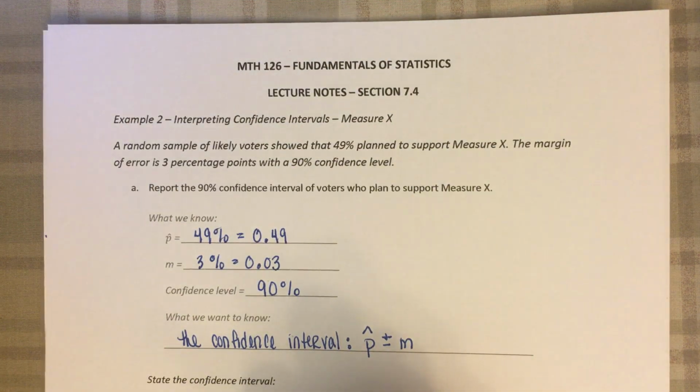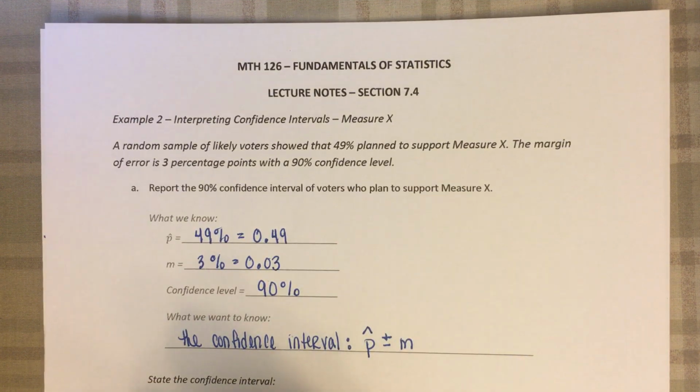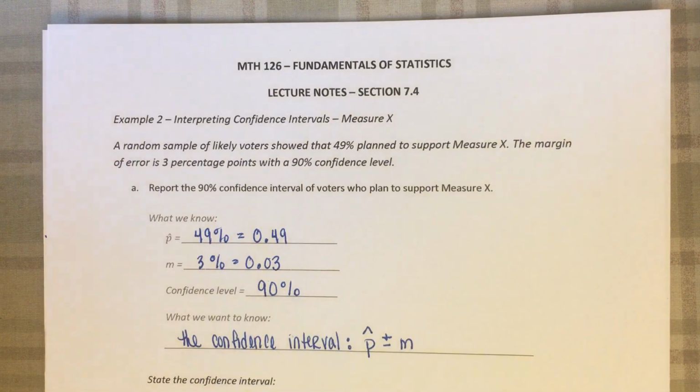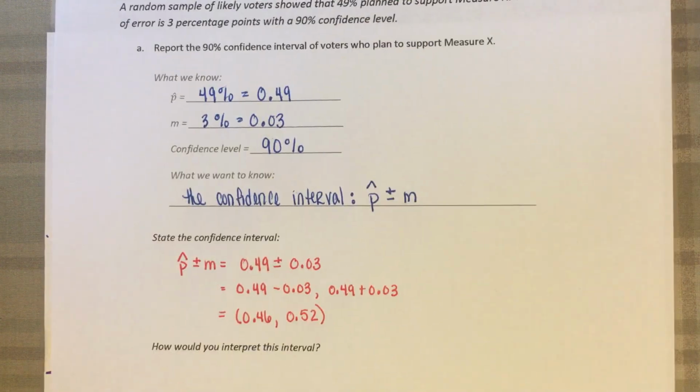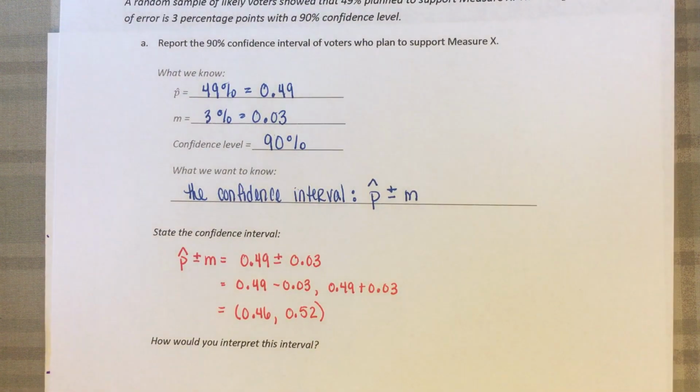And then 0.49 plus 0.03. And we get a confidence interval of 0.46 to 0.52. We are using interval notation. Our interval notation just shows the two limits, the left limit and the right limit, with a comma in between them, separated to show between the two values, and then we have parentheses on both sides.